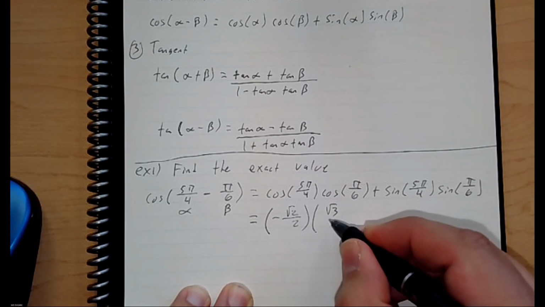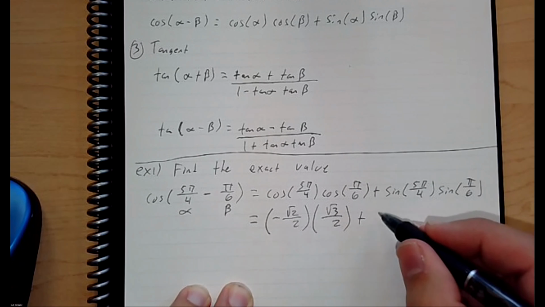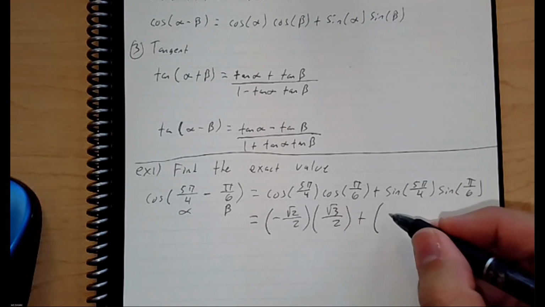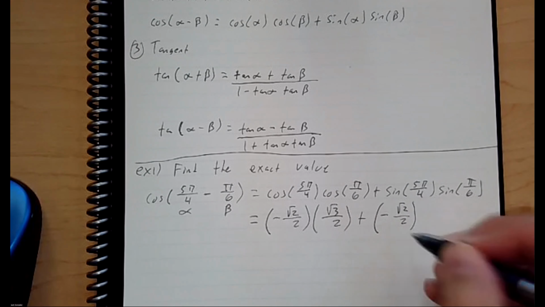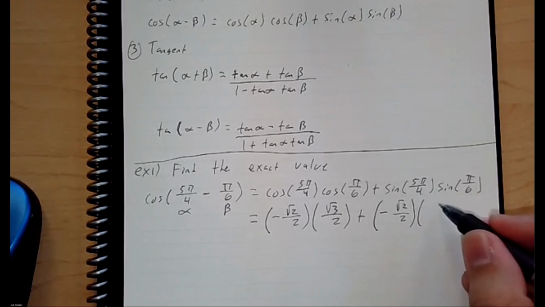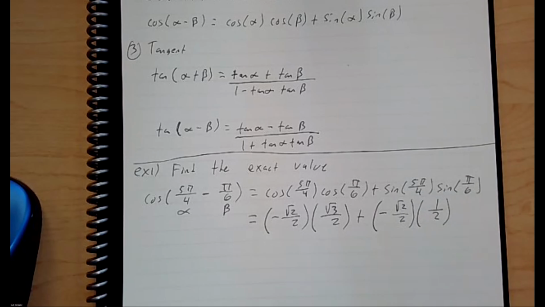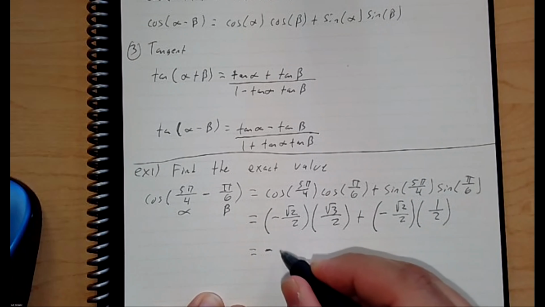Plus sine of 5 pi over 4, but negative, right? And then this one should be half. Okay, so technically this is the answer. The only thing left to do is to simplify and add your fractions. That's it. Nothing insane.